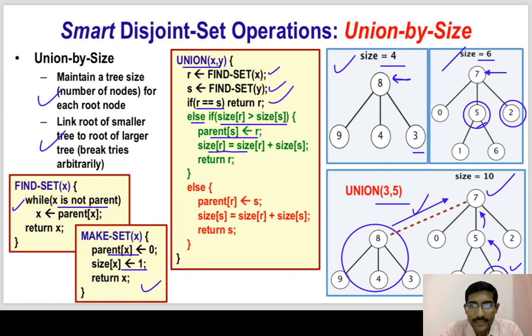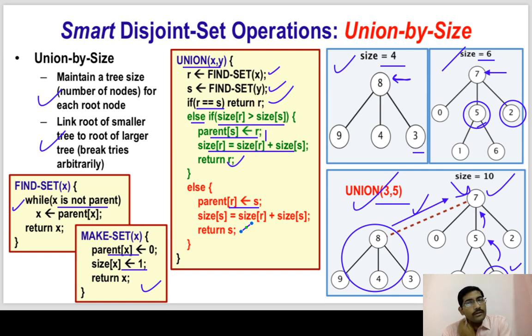Then we add the sizes of both to form the set together, and finally return this element as R. In the other case, we make the parent of R point towards S, instead of the case where we made the parent of S point towards R. The rest is the same apart from returning S. So in a nutshell, the root of the lesser size set would be connected to the root of the higher size set during the union operation.